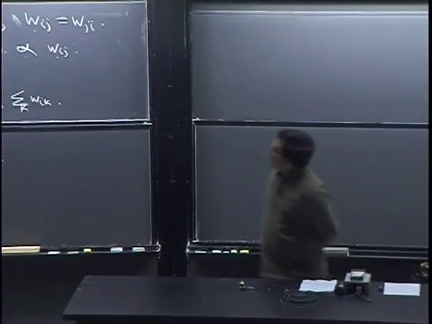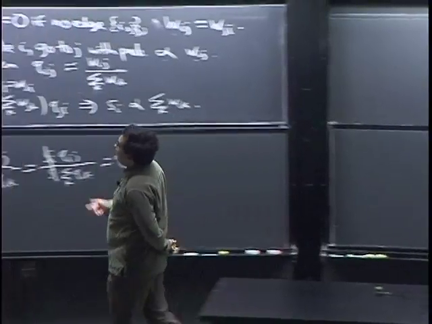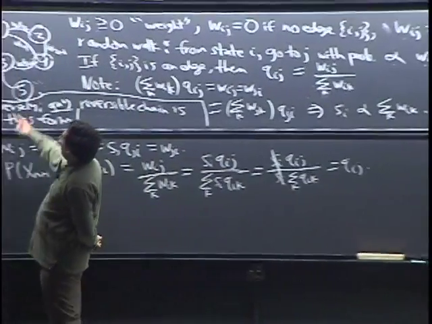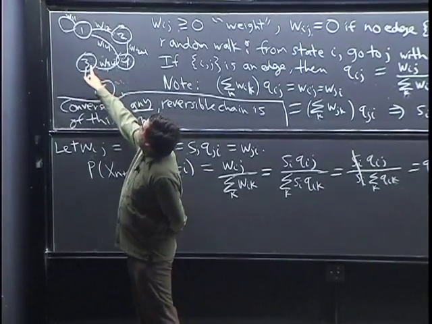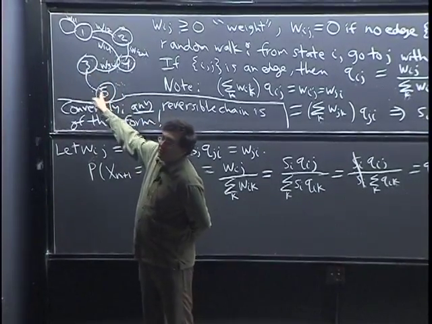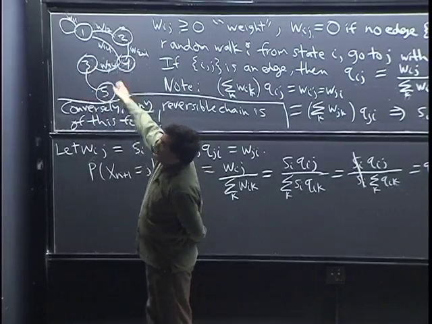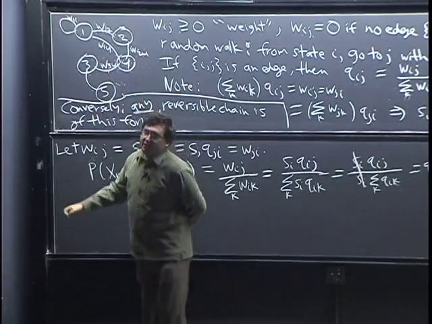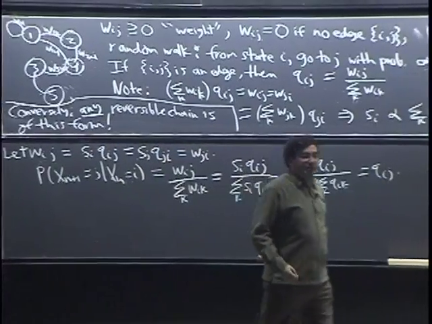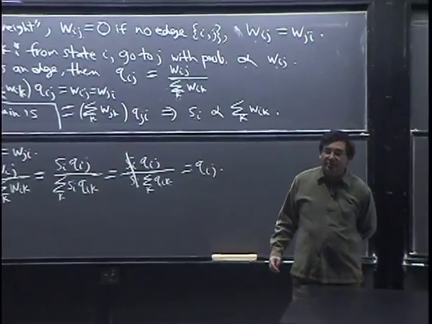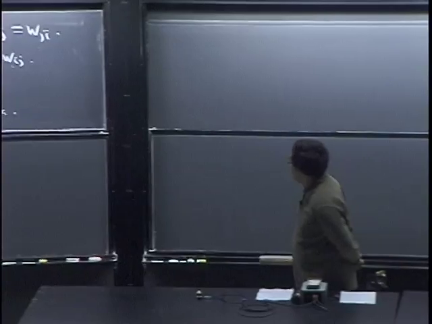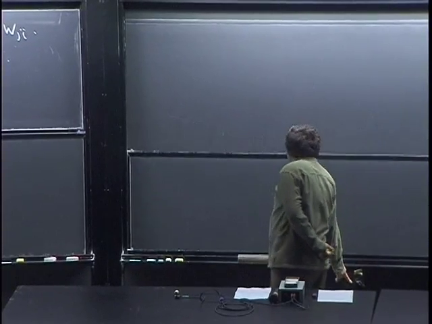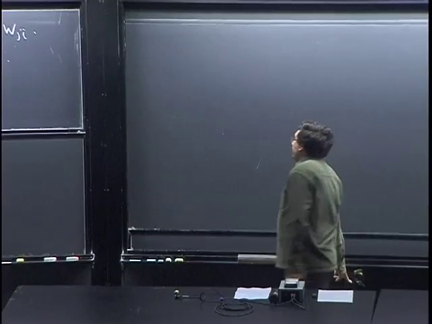Non-reversible, we can still think of it as random walk on a network with weights, except that we have arrows, maybe one-way arrows or two-way arrows, and you can have different weights in both directions. That extra generality makes it much, much, much harder, okay? So I just want to do one example of a non-reversible chain.